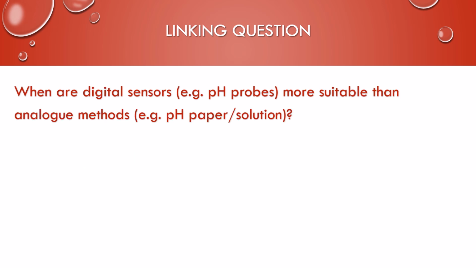Now it says, when are digital sensors more suitable than analog methods? So pH probes and pH meters are going to be more useful if you need an exact concentration, but they're not super accessible. So digital sensors are definitely more valuable for us in the chemistry lab, to find specific values of pH or pKa, like during titrations. That can be very, very helpful.